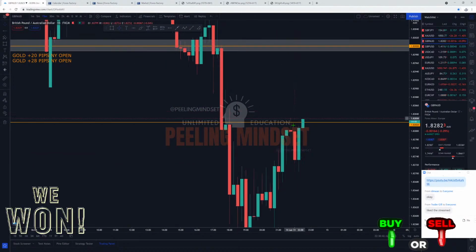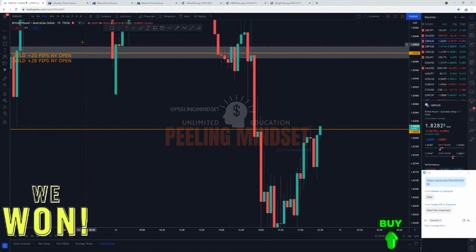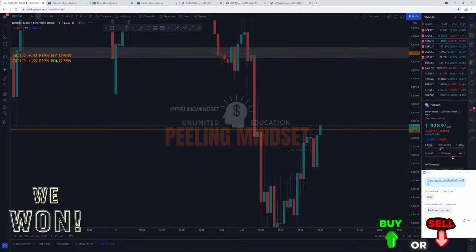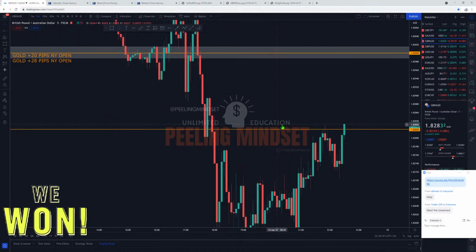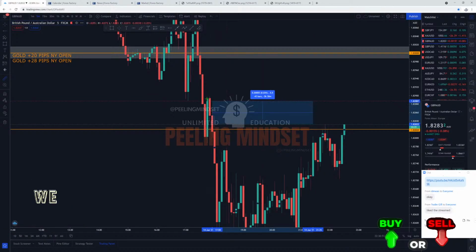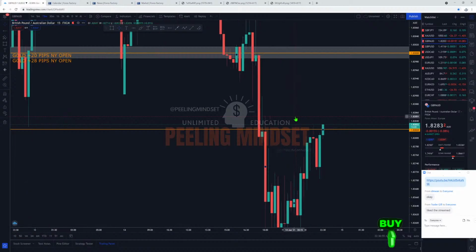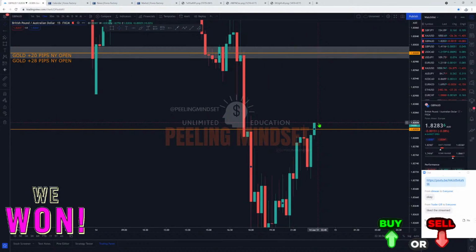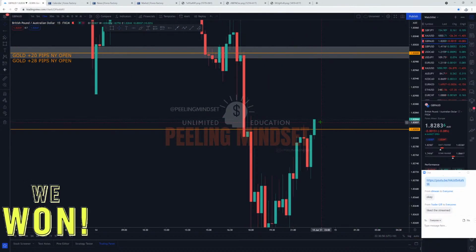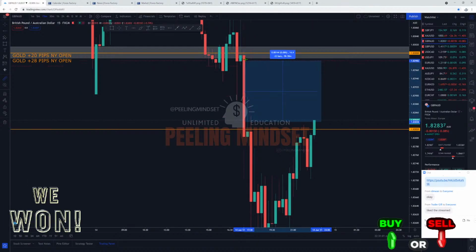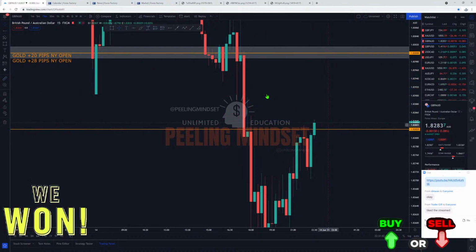Yep, pound AUD looks like it's going to push up. Pound AUD more than likely pushing up than anything else here. Whoop, it's actually pushing up here.